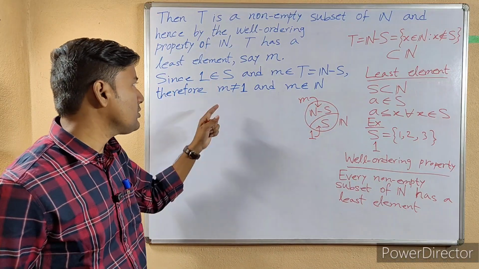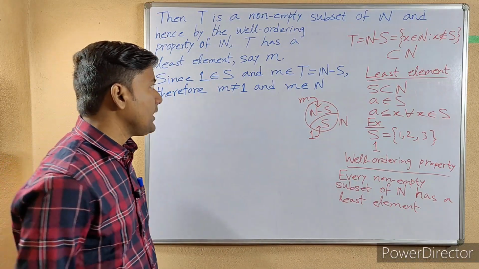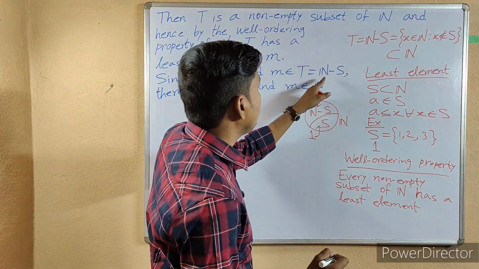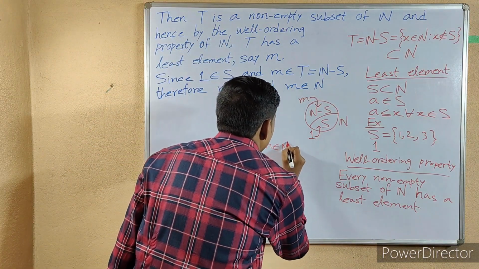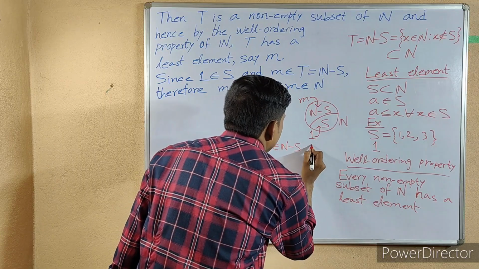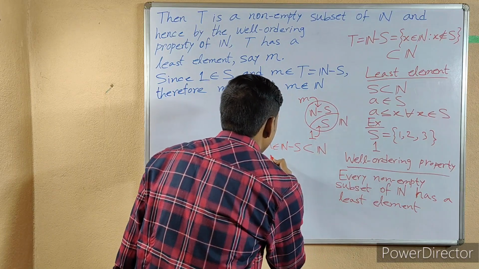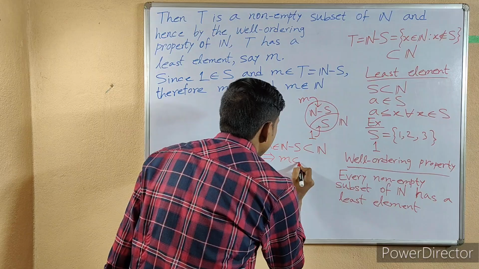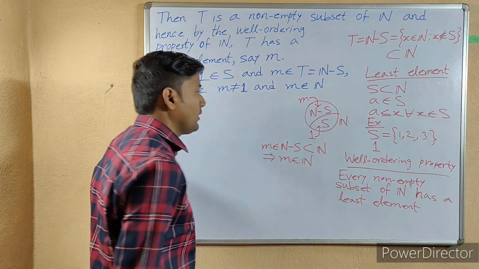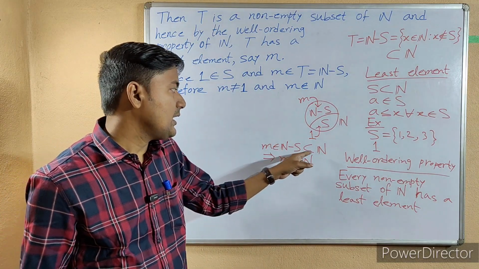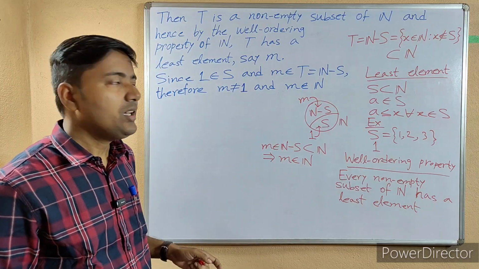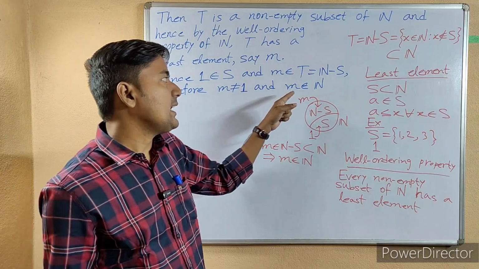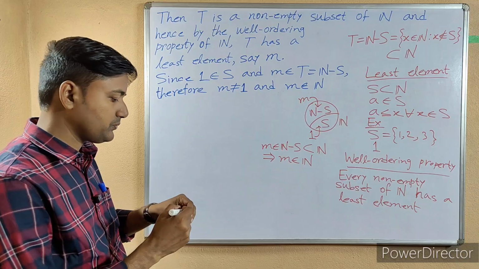Again, m belongs to N minus S, and this is a subset of N, so m belongs to N. Okay, so we can say m not equal to 1 and m belongs to N.